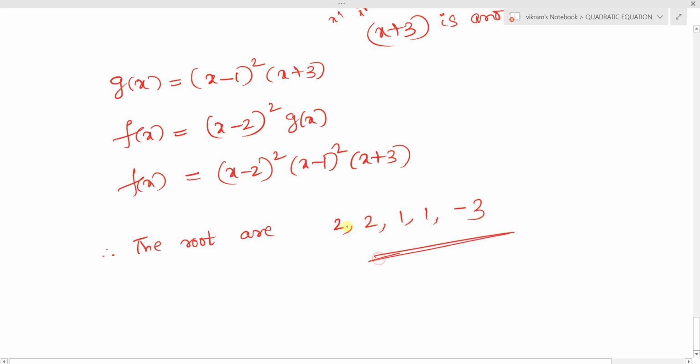These are the roots of the given f of x. Now you understand how to find out the repeated roots. Just assume the given function and find out the first derivative, equate to 0. Then for the value of x, if it satisfies f of x also, use the synthetic division, and we will find the required roots.